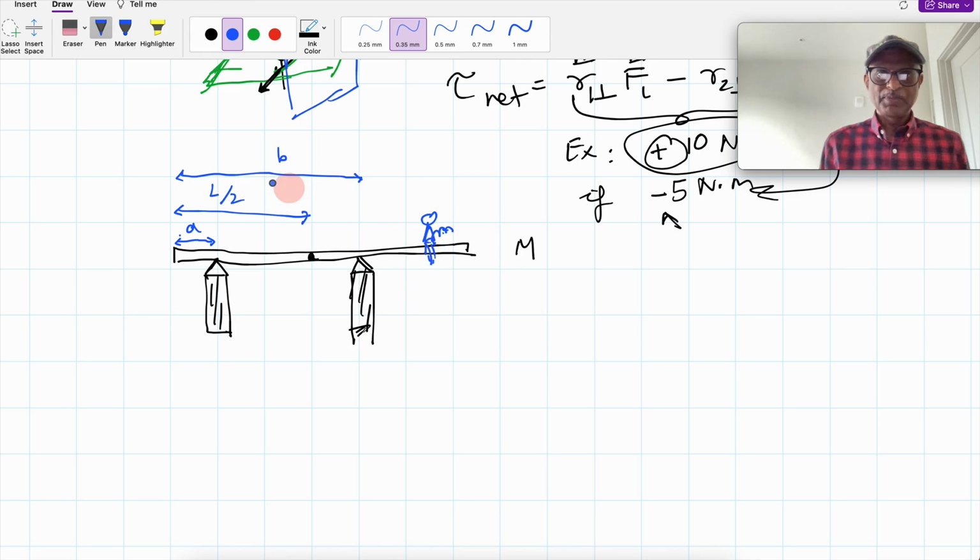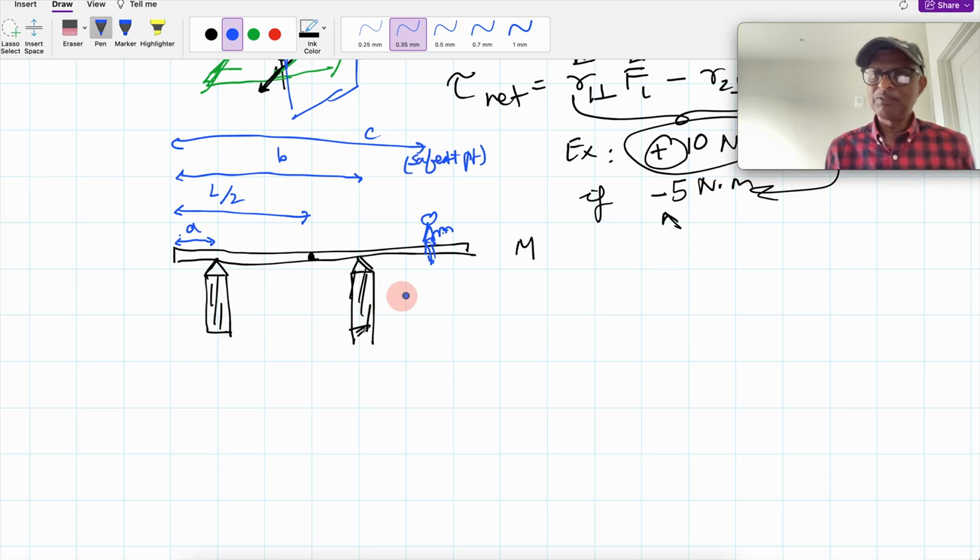So if the child goes all the way to C, let's call this the safest point, okay? And then we're supposed to figure out the balancing of the forces. The different forces will be. So examine the equilibrium for this thing, okay?